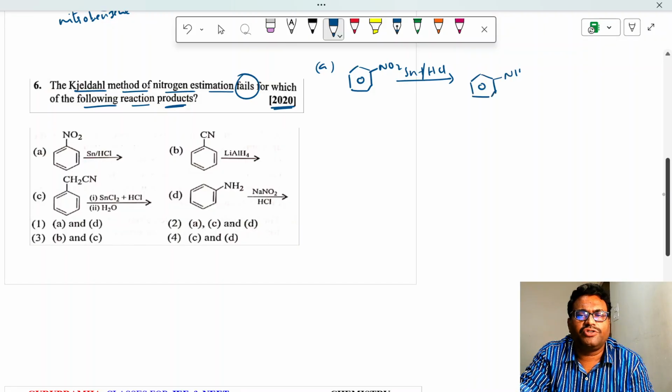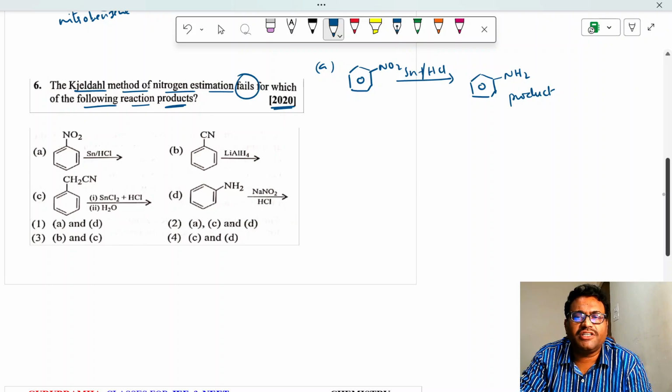It is reduced to NH3. So to estimate nitrogen for this product by the Kjeldahl method, is that possible? Yes, for this product it is possible. It does not fail.